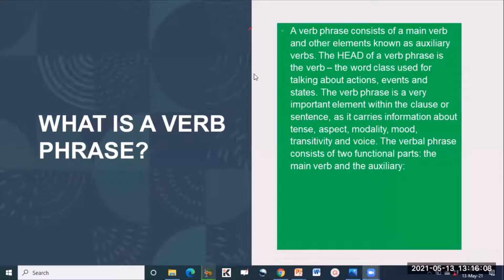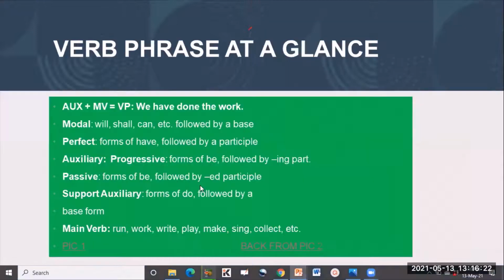The verbal phrase or the verb phrase consists of two functional parts, the main verb and the auxiliary verb. Now, we shall be looking at this in greater detail, all right? Now, let's look at the verb phrase at a glance.